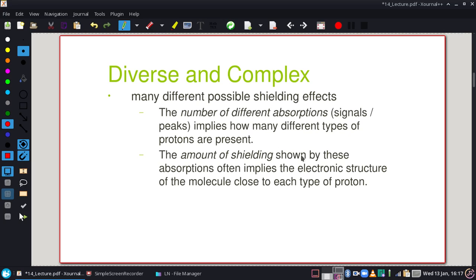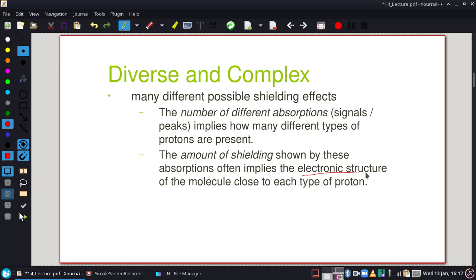So the entire electronic structure. It's not just that there's an electronegative atom nearby, it's the type of electron cloud nearby as well. So we will see pi bonds affect it differently than sigma bonds when they're adjacent to it. So we're just going to say it's the electronic structure.